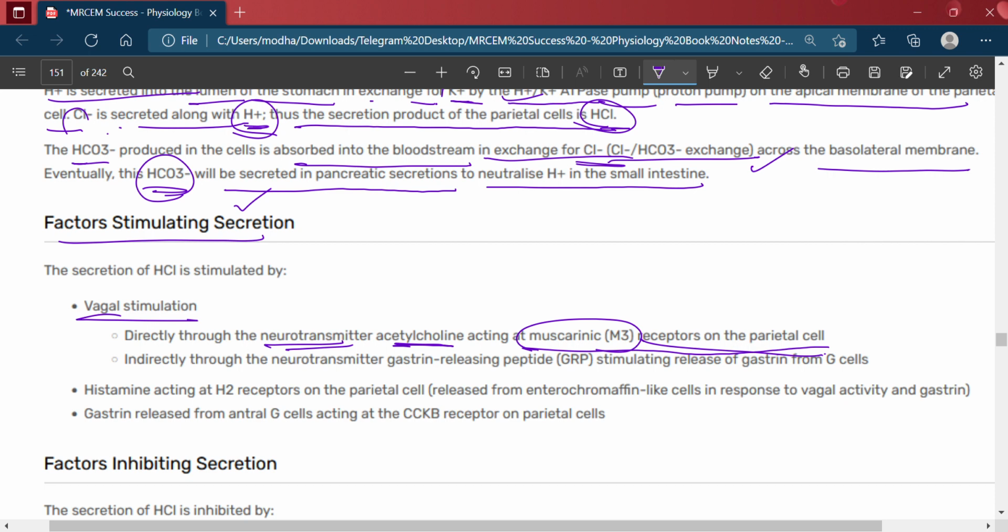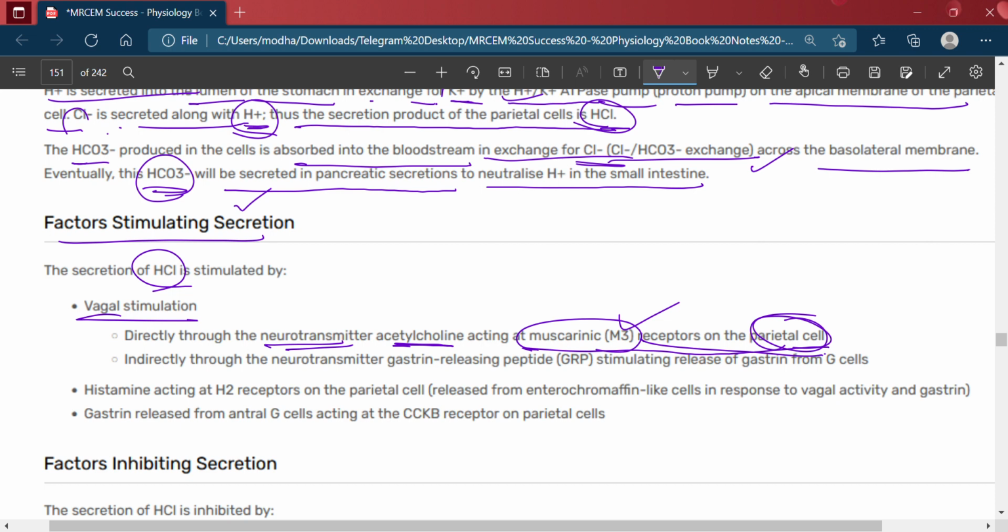Vagal stimulation directly through the neurotransmitter acetylcholine helps to stimulate the secretion of the HCl, acting at the muscarinic M3 receptor of the parietal cells.